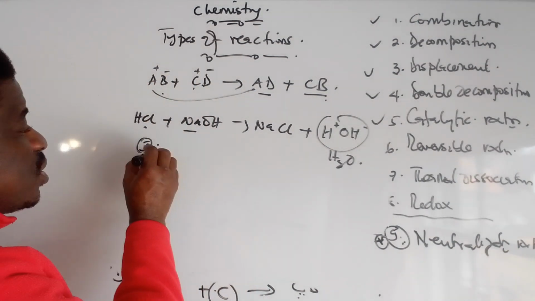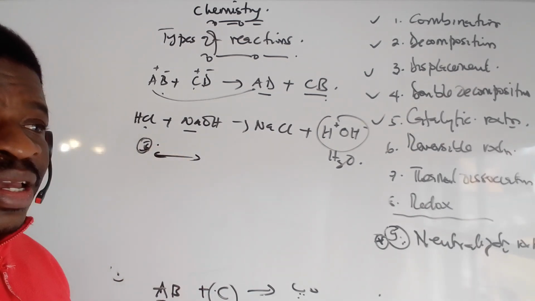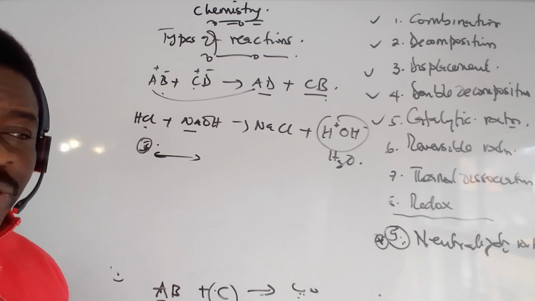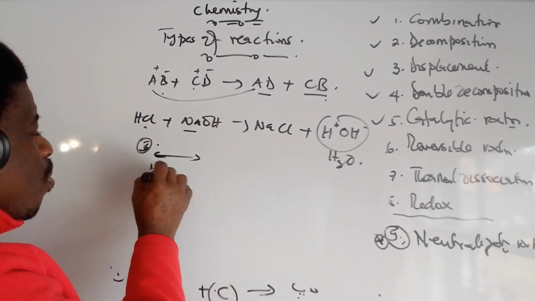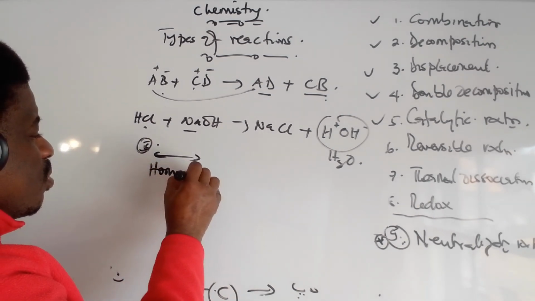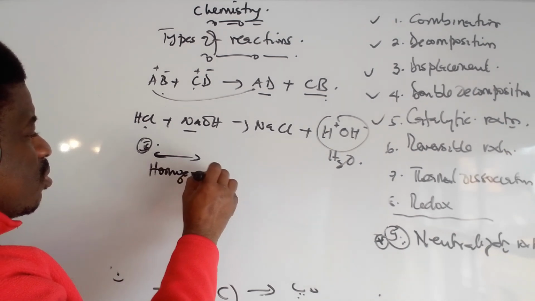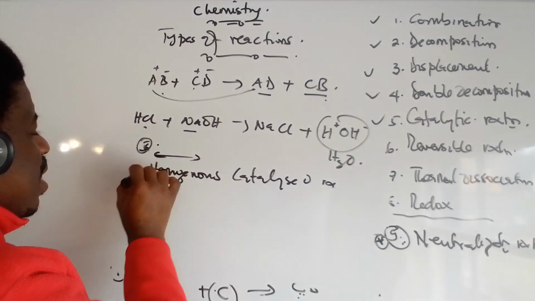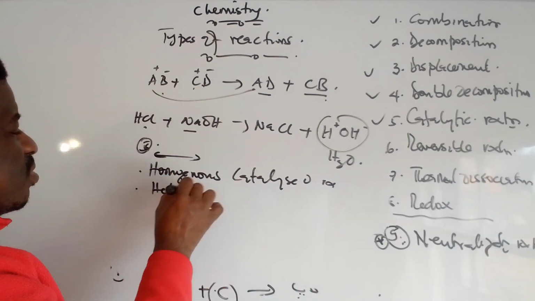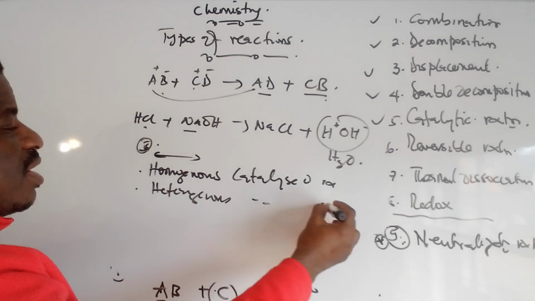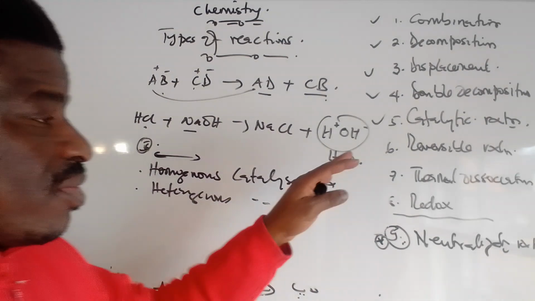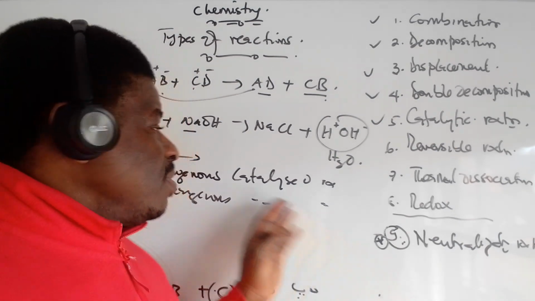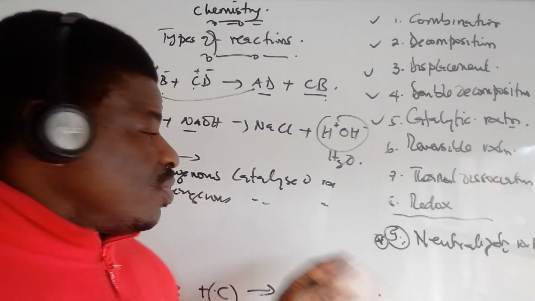Now, when you come to reactions under catalyst, you can have a homogeneous catalyzed reaction, and you can have a heterogeneous catalyzed reaction. All reactions under catalyst can be grouped under homogeneous or heterogeneous.